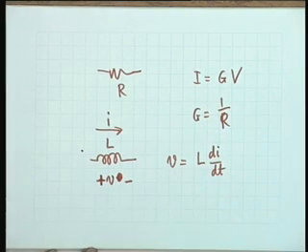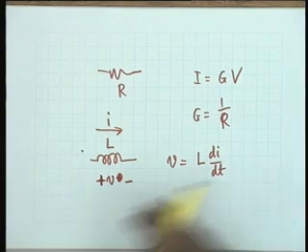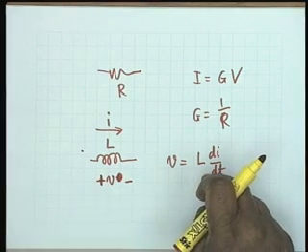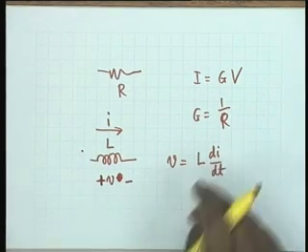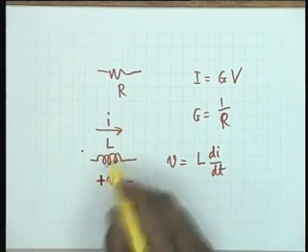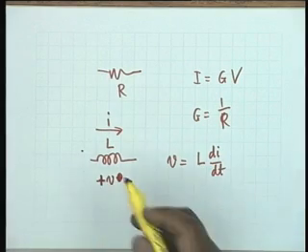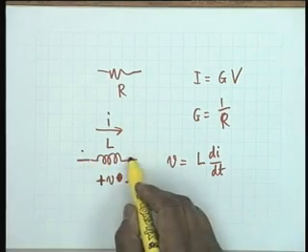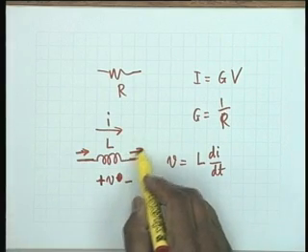All right, V equals L di/dt. Forget about the right hand, left hand and all those rules. They will determine, in the case of an actual inductor, the sign of this voltage. Okay, if you change the direction of winding, the sign of this voltage can be changed. But this is a schematic description. I am not saying current flows clockwise or anti-clockwise. No, what I am saying is the terminal current enters at this terminal and goes out at this terminal.